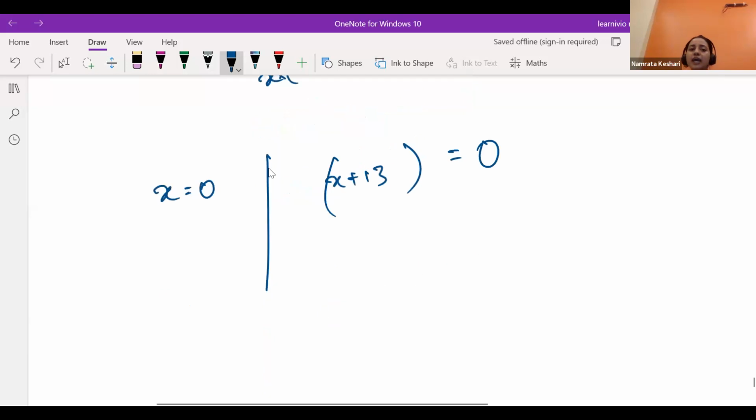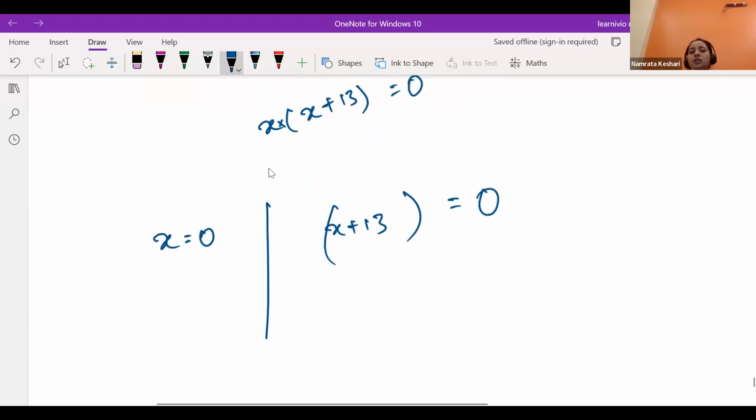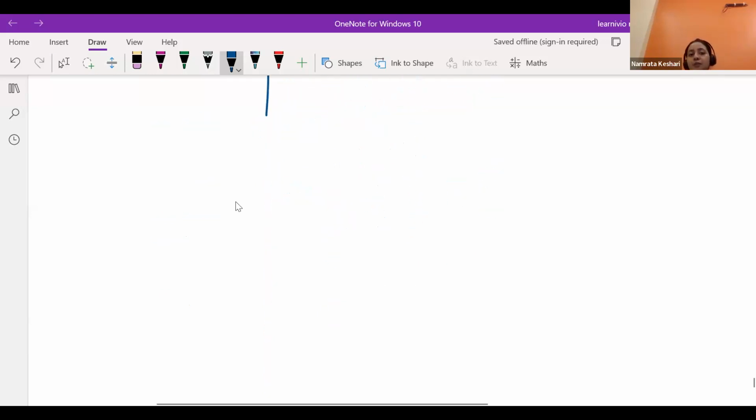So if any time instead of x and x plus 13, you have a polynomial like this, p(x) equals, let's say, x square plus 6x.